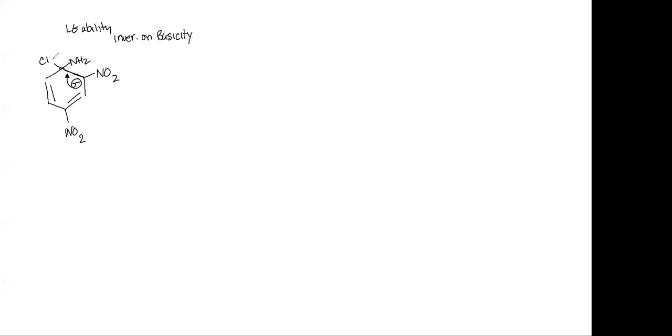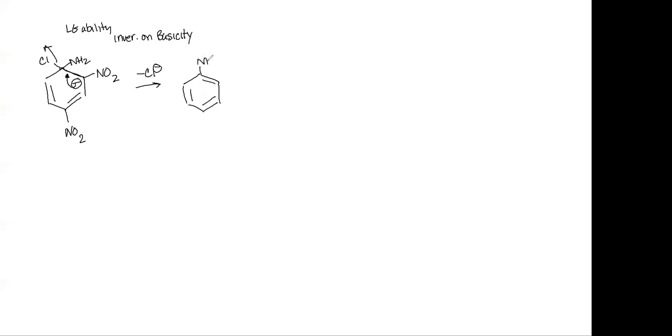So chloride is a better leaving group because chloride is a weaker base than NH2 minus, so the chloride's got to go. And so I'm going to lose a Cl minus, and I'm going to reform my benzene ring.